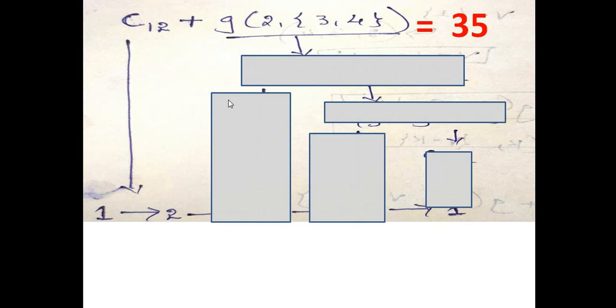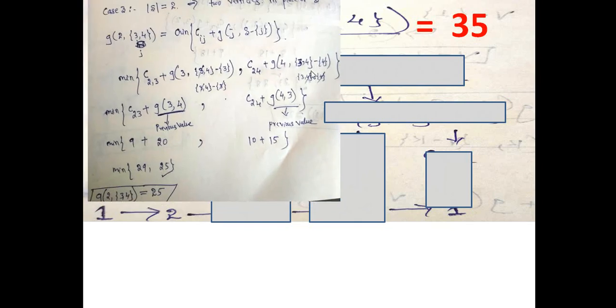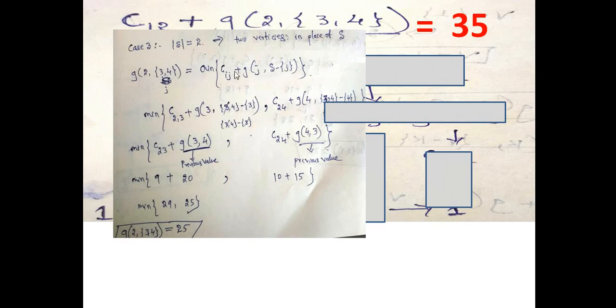Now how to draw the path? See here, C of 1, 2 represents 1 to 2, so just write 1 to 2. Now G of 2 comma {3, 4}: you have already calculated this.